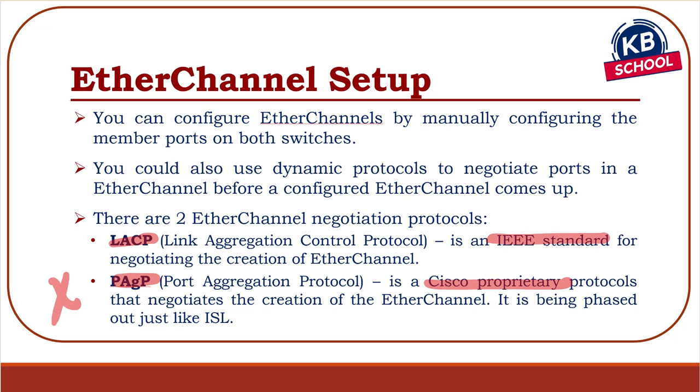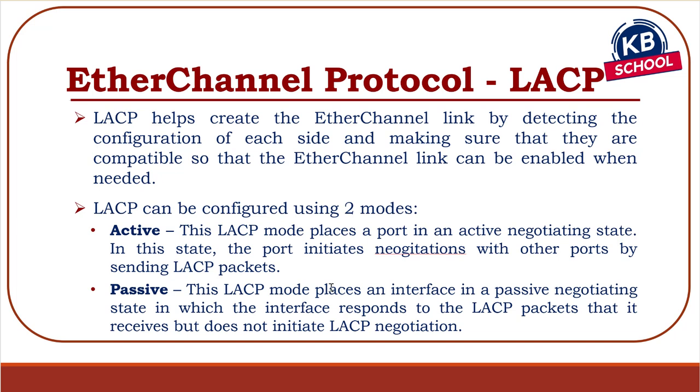Now, a little bit about each one of those two protocols in a little more detail in the next slide. Let's talk about LACP first. LACP helps the ether channel link by detecting the configuration on each side. So it goes to the other side and says, hey, listen, are you part of an ether channel or not? If it is, it says, okay, good, I'll set up the ether channel. Now, when you configure LACP, there are two different ways of doing it.